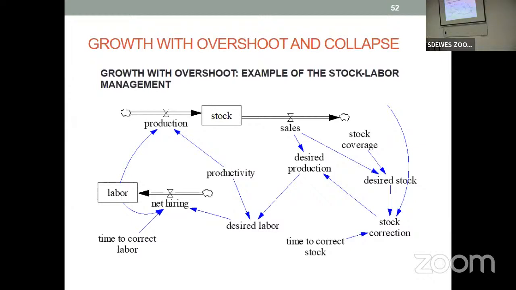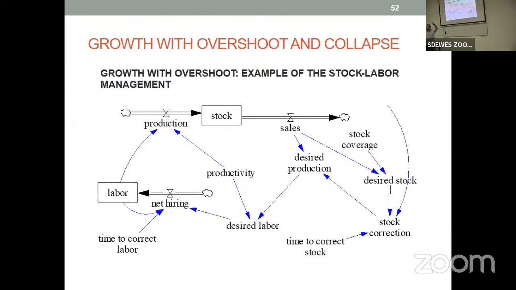So the production will depend, in this very simple example, on 2 variables, productivity and labor force. So productivity and labor force will determine, in this very simple case, the production. So we decide what is the desired production according to the forecasting of sales.